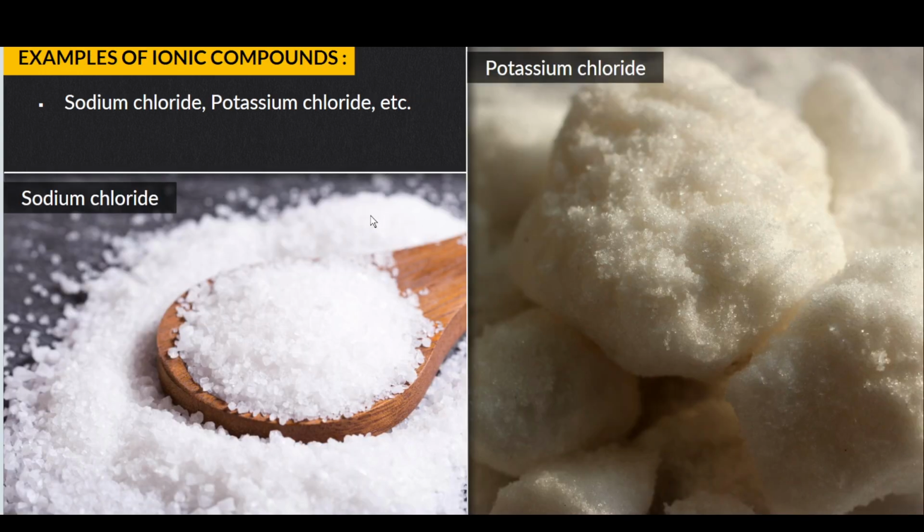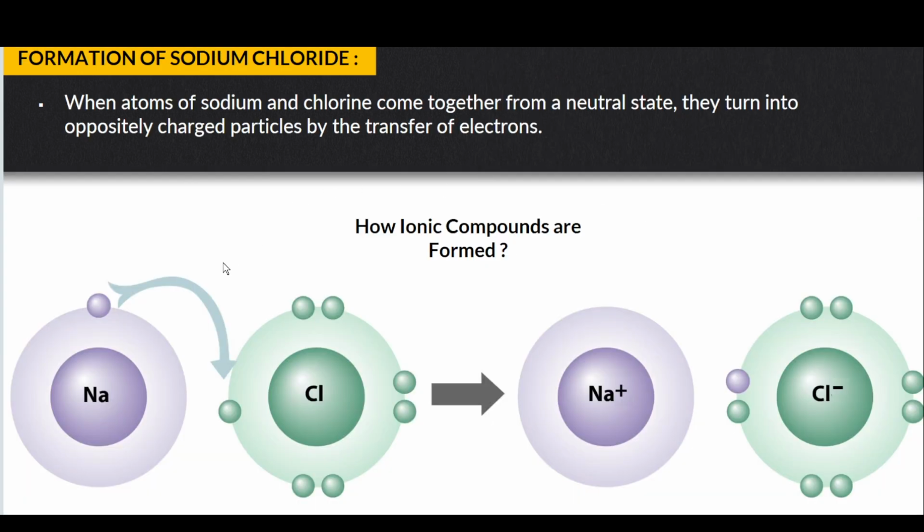Sodium chloride is just the salt that we use. This is an example of an ionic compound. So when atoms of sodium and chlorine come together, they form from a neutral state. Like here they are in neutral state because electrons and protons are both equal, negative and positive charge is equal, right? So they are neutral.